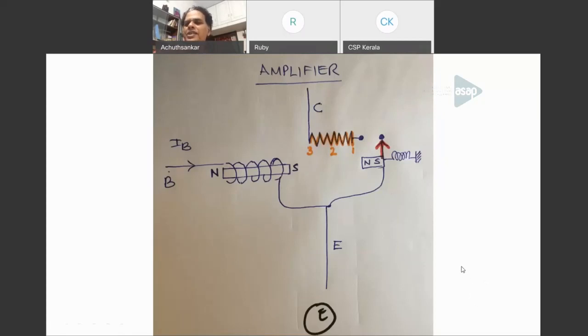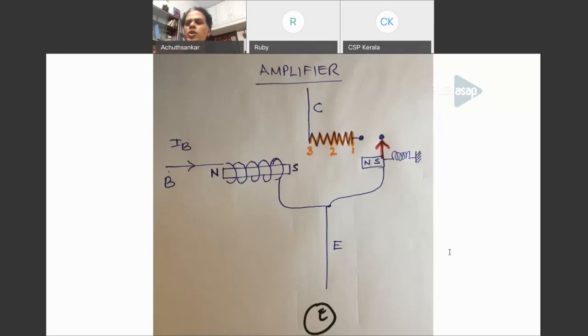When the current IB reverses, the polarity of the electromagnet reverses. Instead of north-south, it will become south-north. And therefore, the north of the electromagnet and north of the permanent magnet of the pointer will come face to face. What will happen if north and north come face to face? They will repel each other.